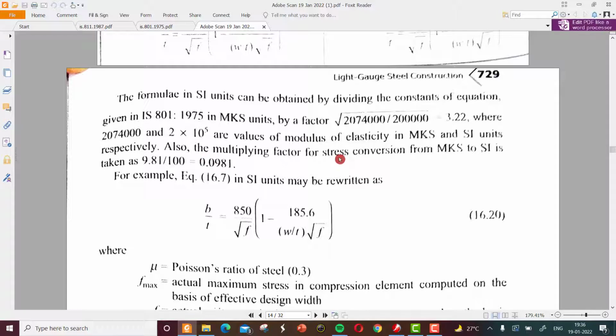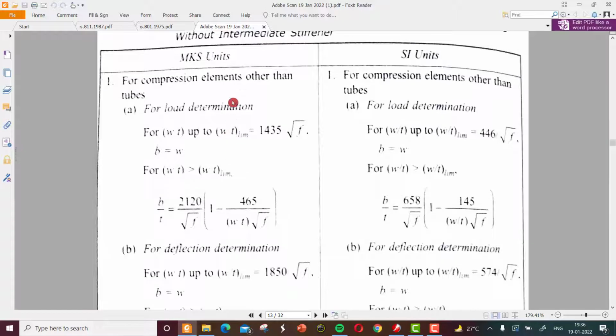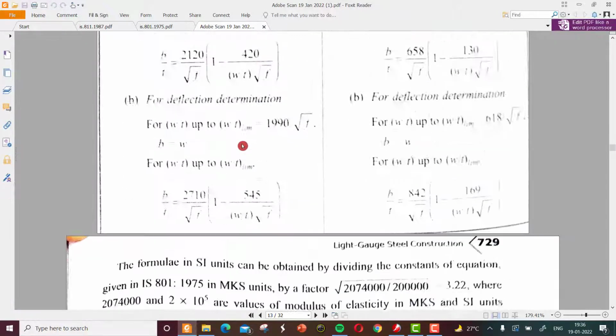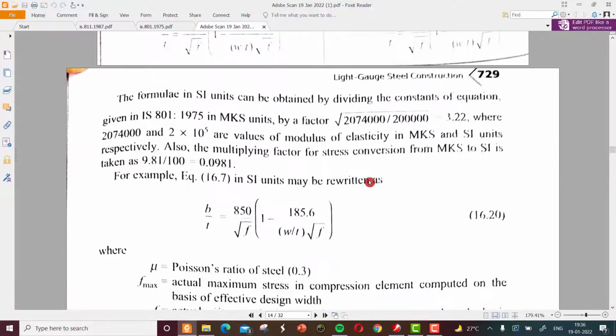Also, the multiplying factor for stress conversion from MKS to SI is 0.0981. So, by multiplying these MKS unit values, its codal values, by these constants, you can get these SI values.